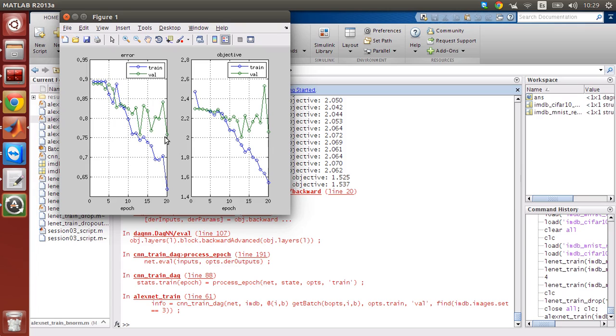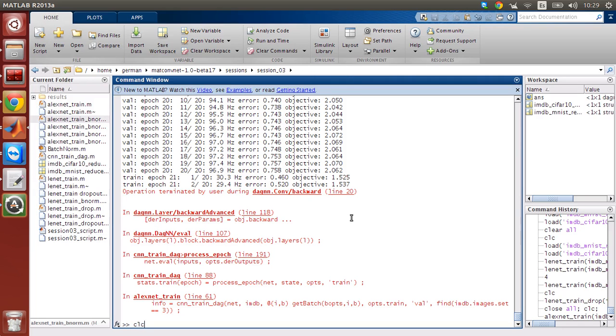When you start training deeper networks, standard initialization is not enough. You need to complement that with clever ways of regularizing gradients and the input signal. So let's see now what happened when we use batch normalization.